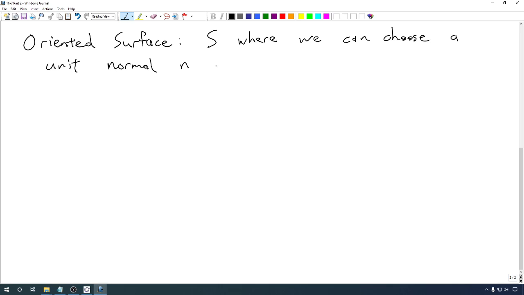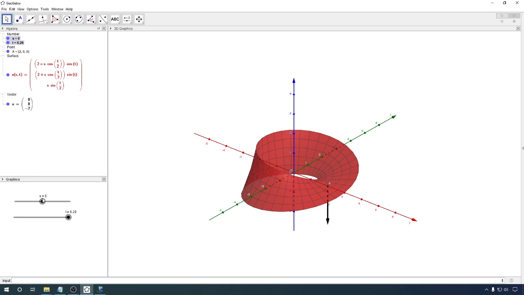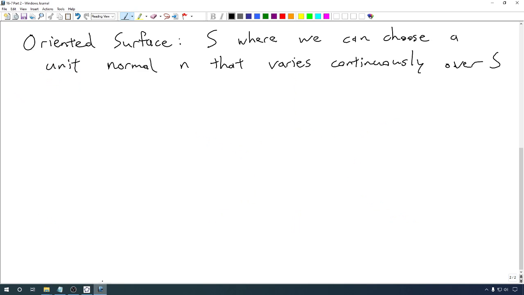This unit normal needs to vary continuously over S. So basically, I should be able to move my parameters around, and it shouldn't just suddenly jump to a completely different direction. That's all I mean by it varies continuously.